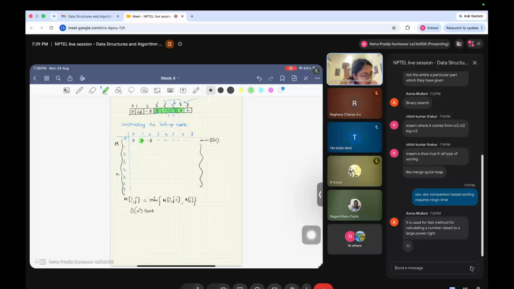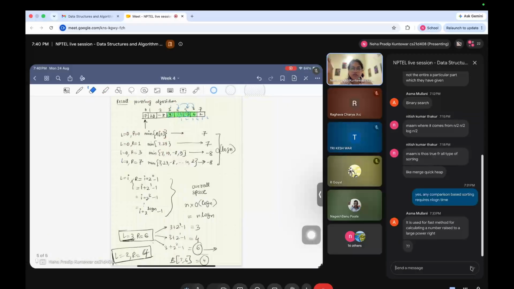Keep this one, then 2 steps from here, 4 steps from here. So you don't keep all the information, just keep it till powers of 2. So just keep these values.